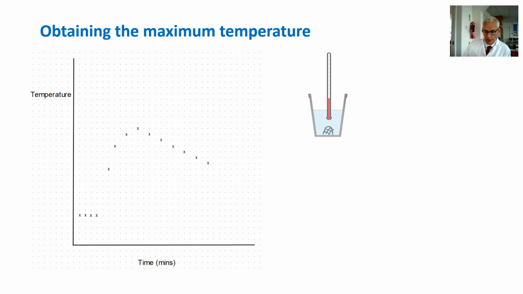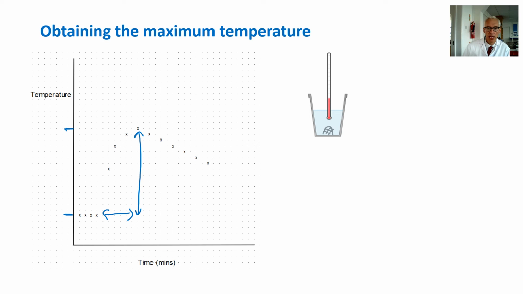So this temperature here is not the true maximum. So that temperature change from the baseline to there does not reflect the true maximum, because during these minutes here heat is being lost to the surroundings outside of the polystyrene cup.